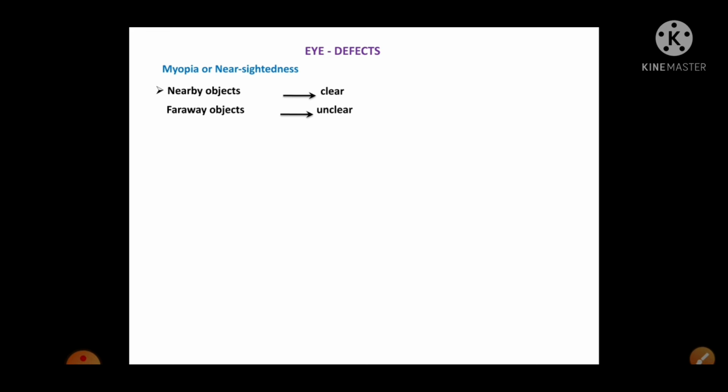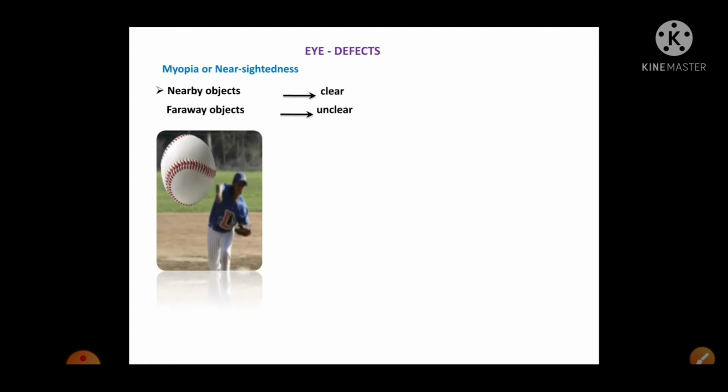Some students sitting on the last bench cannot see the blackboard, because the blackboard is far away from his or her eyes, so he wants to wear spectacles. तो दूर के ऑब्जेक्ट उसको दिखेंगे, साइन बोर्ड, person cannot see, तो स्पेक्टिकल्स की ज़रूरत है, और वो भी मायोपिया, करेक्ट.